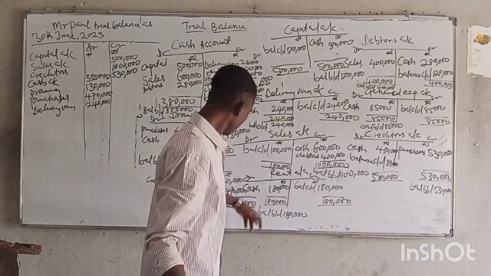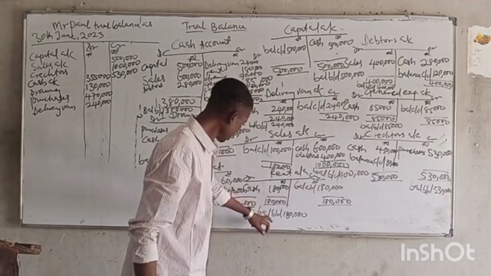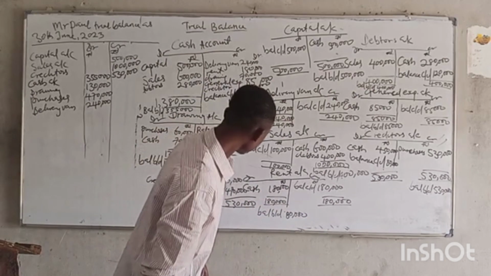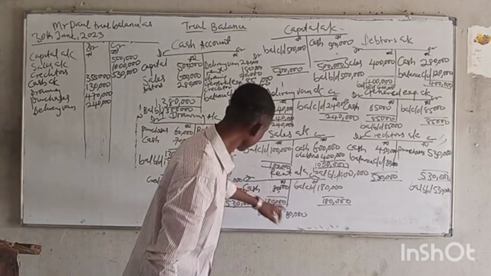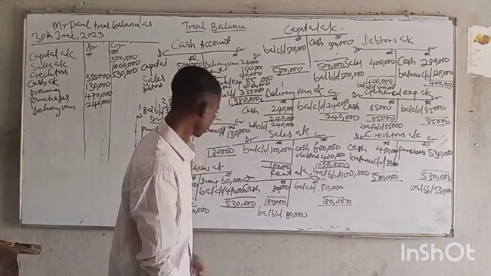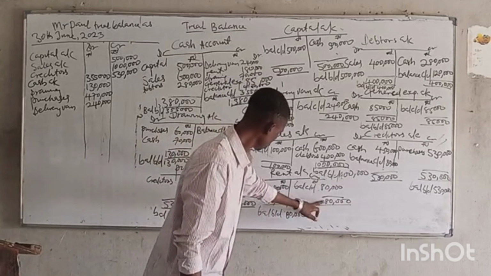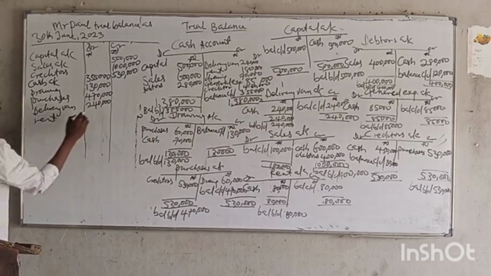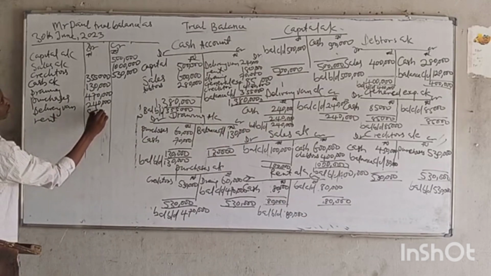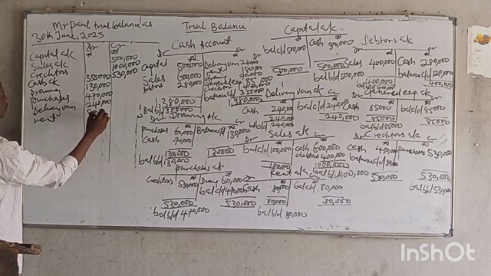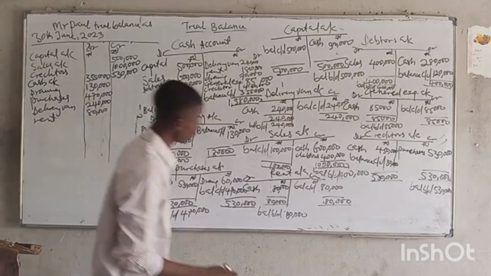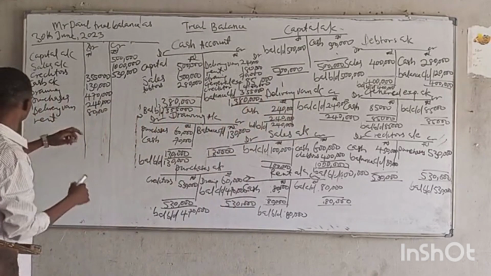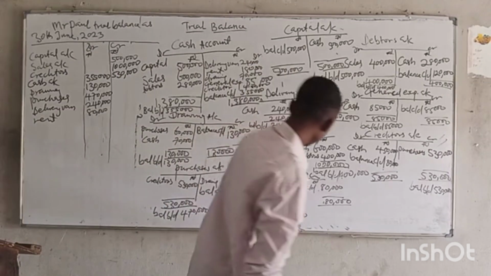Rent is an expense account and it's supposed to have a debit balance, so we debit it in the trial balance, rent 80,000. Yes, rent is an expense account and it has a debit balance.